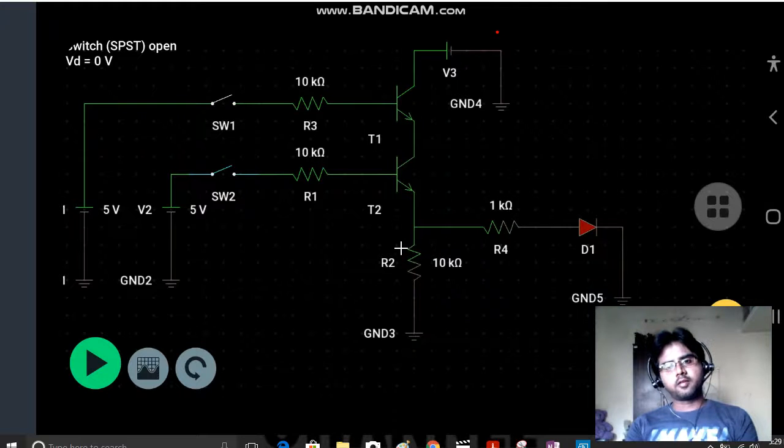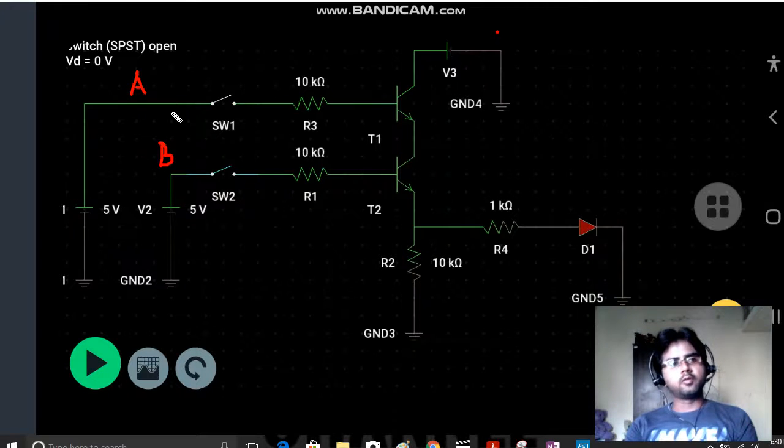The transistors are connected in series, that is, the output of transistor 1 is connected to the collector of transistor T2. Here I have two inputs, this is my input A and this is my input B, with two switches, and this is my output.